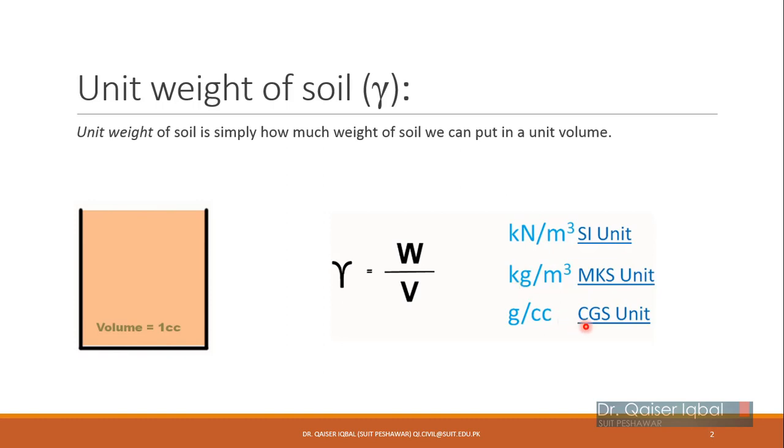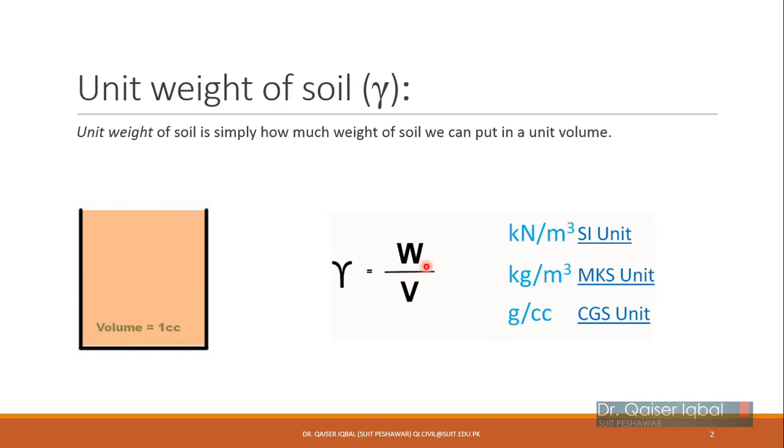Or if we are discussing the CGS system, then in the CGS system the unit for volume is cubic centimeter, and for weight it is gram. So how many grams of material we can put in 1 cubic centimeter, that will be the unit weight of that material, or soil in this case, because soil is our objective in this subject.